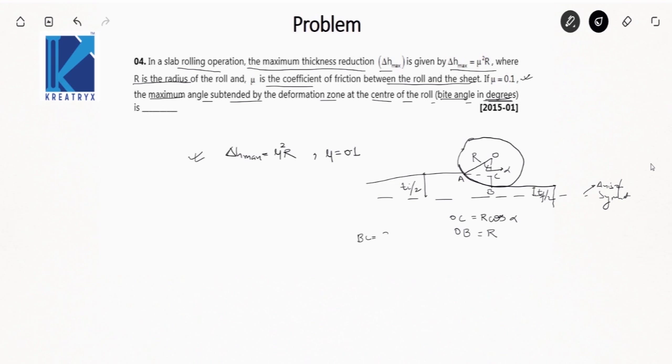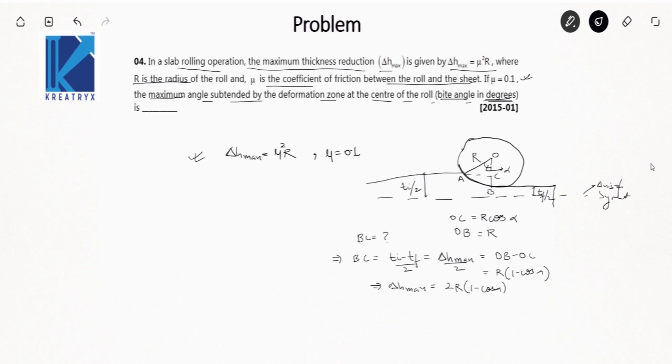BC is, you can see from the figure, (TI minus TF) by 2. And TI minus TF is basically delta H maximum by 2. So BC can be written as OB minus OC, which in turn can be written as R times (1 minus cos alpha), which in turn can be written as delta H max equals 2R (1 minus cos alpha).